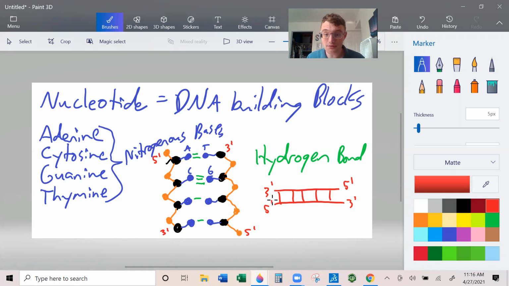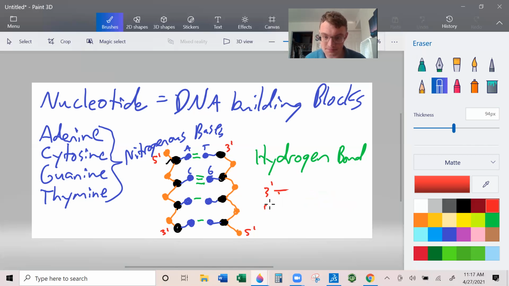They're anti-parallel. 3' is opposite of 5'. So remember, left and right are completely arbitrary terms. The 3' end of a strand is always opposite of the 5' end, but the 5' isn't necessarily going to be in the upper left-hand corner. So just remember that. So there's 5' and 3'.